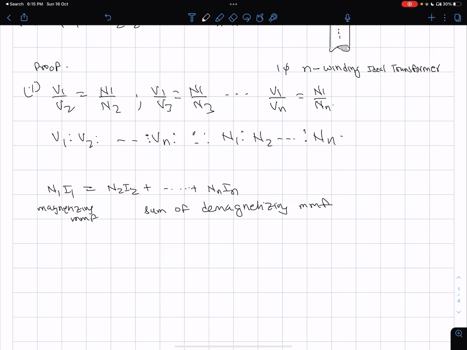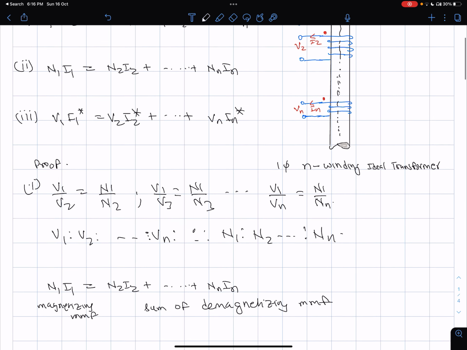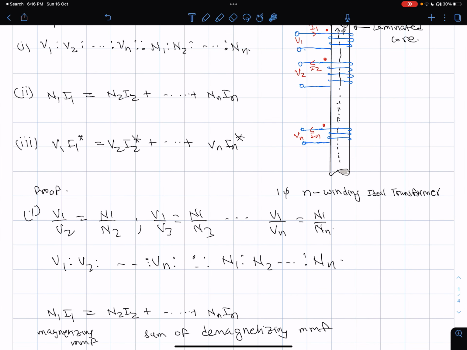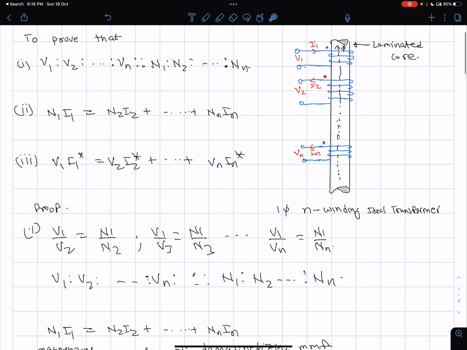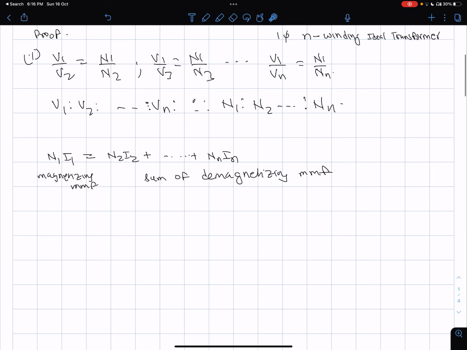So N2I2 is the demagnetizing MMF in the second winding, and so on up to NnIn is the demagnetizing MMF in the last winding. This follows from our sign convention that these windings are creating demagnetizing flux, while only the first winding is creating the magnetizing flux.